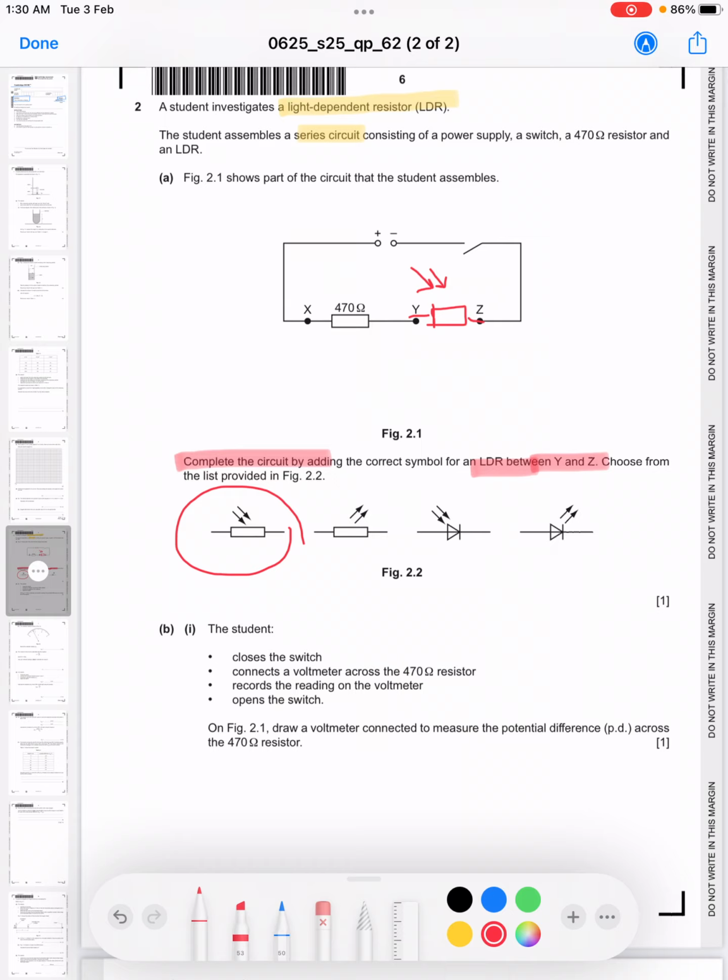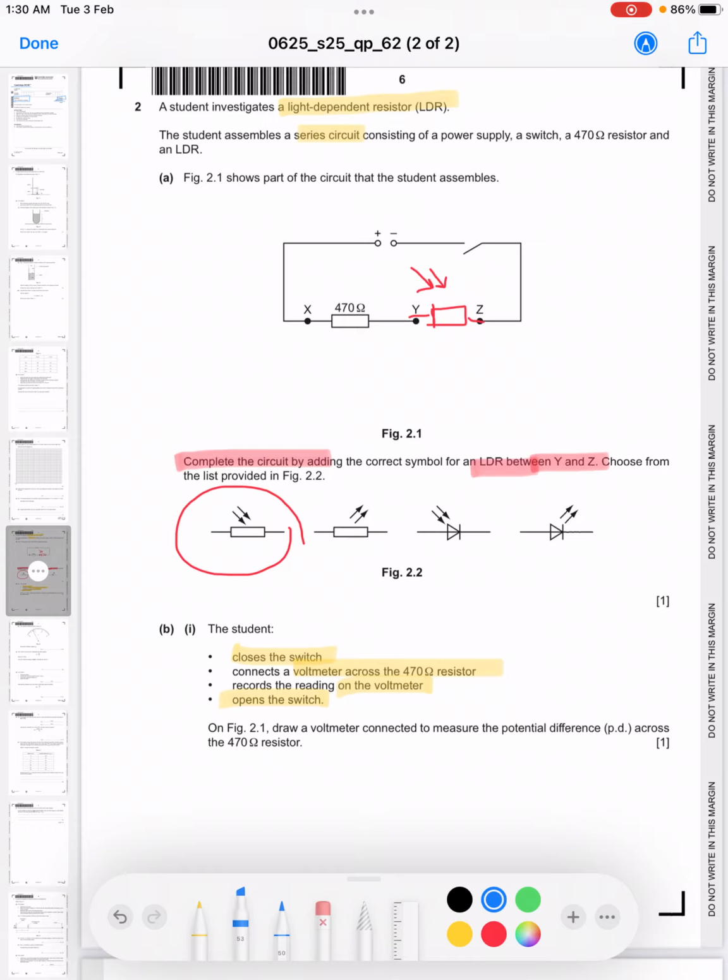Now come to question B. A student closes the switch, connects the voltmeter across the 470 ohm resistor, records the reading on the voltmeter and opens the switch. So what he did, he first closed the switch.